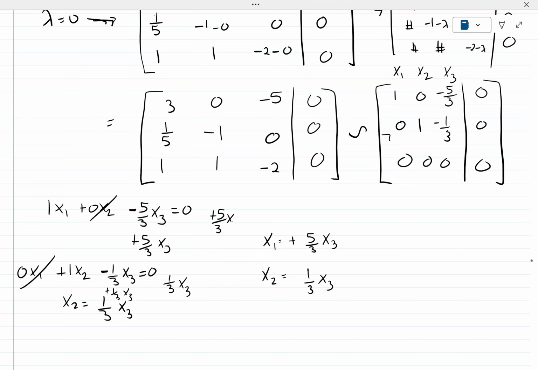And over here it's 0, 0. So, oh, and then x3 is just x3 equals x3.